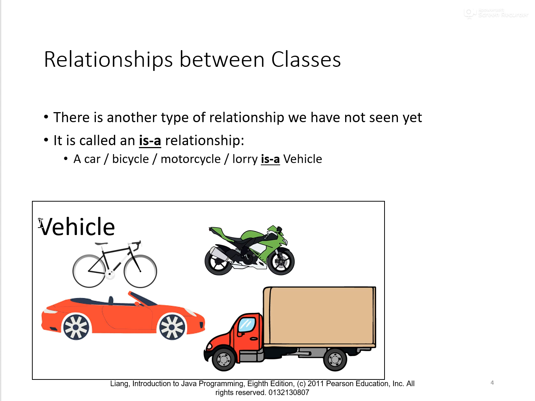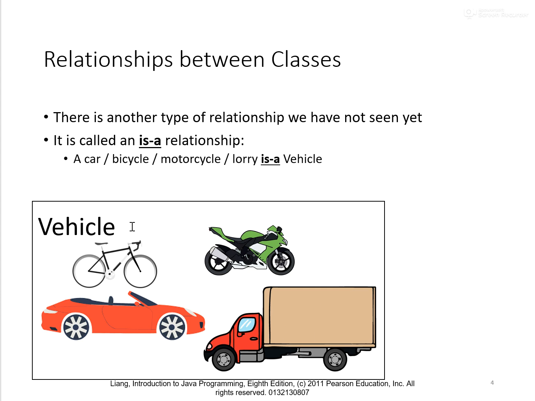So on the one hand, we have a kind of generic class called vehicle. And there are, of course, different types of vehicles. A bicycle is a type of vehicle. A motorcycle is a type of vehicle. A car is a type of vehicle. A lorry or truck is a vehicle.